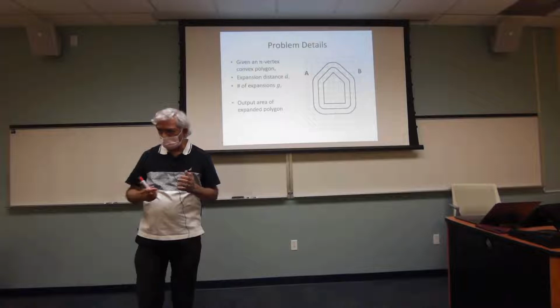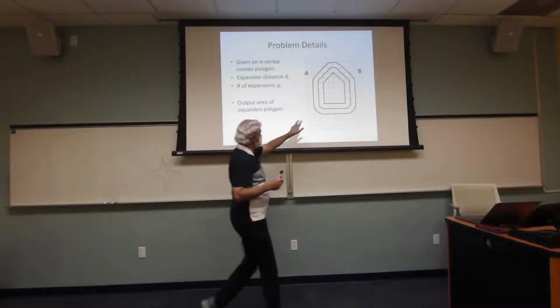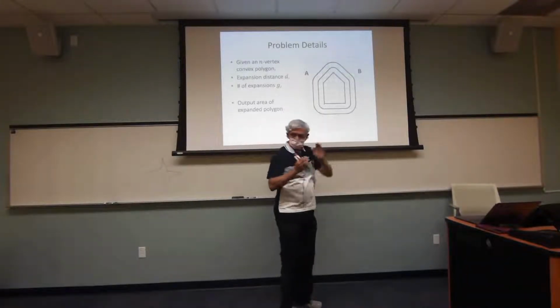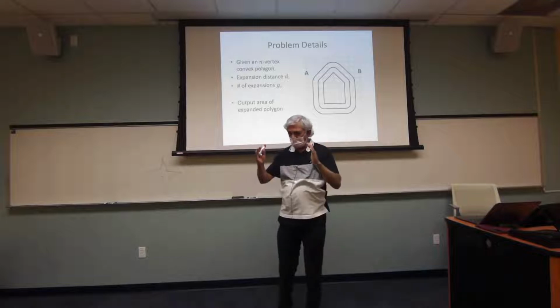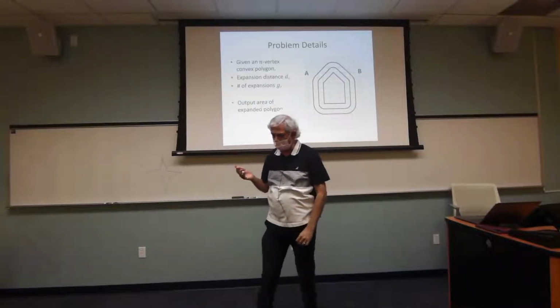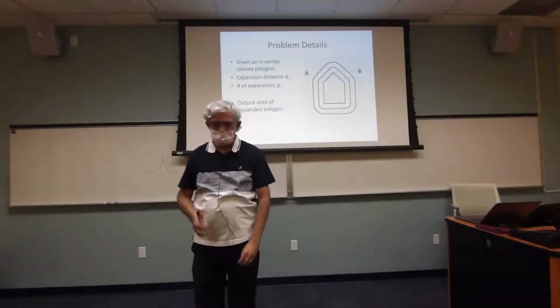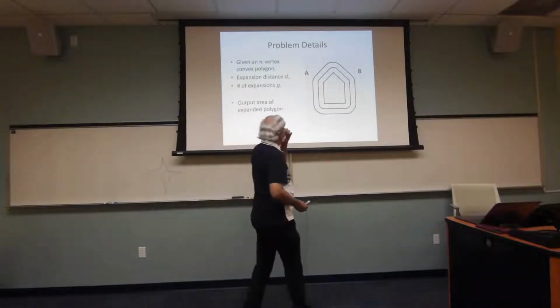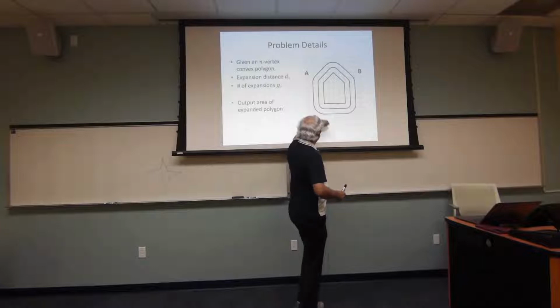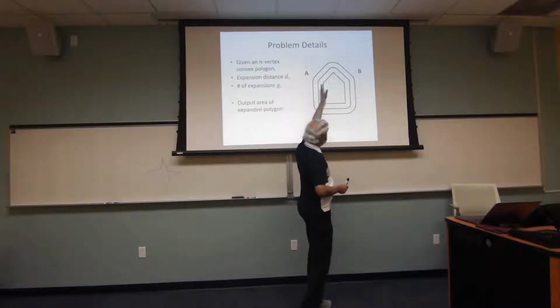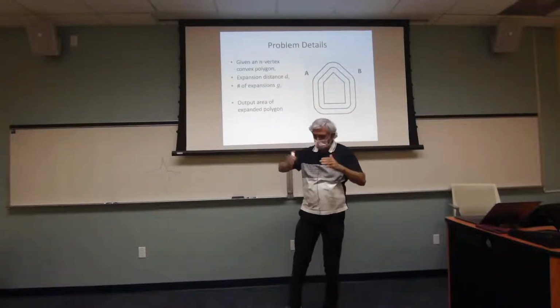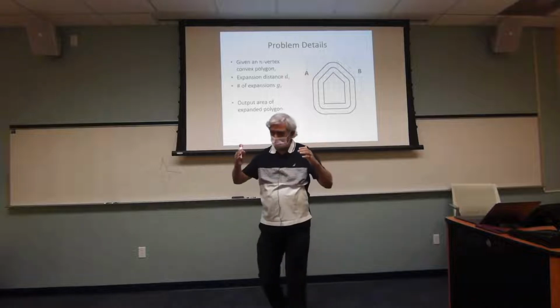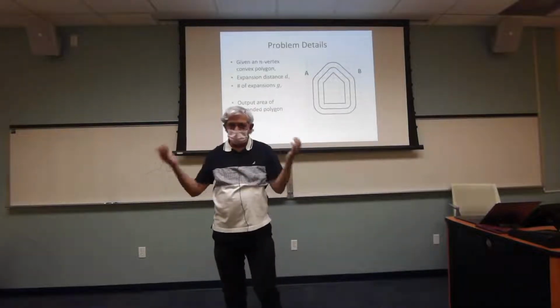Here this distance is d, so it's expanded by d, and that has happened 2 times. So g is equal to 2 here. Is that clear? And d is equal to 1. Just by looking at the grid, you can see that this distance is 1, this distance is 1. So it has expanded by 1 in all directions. And it has happened twice.